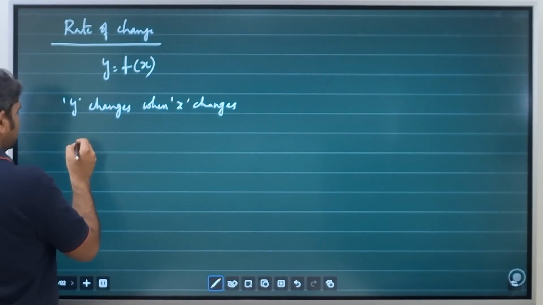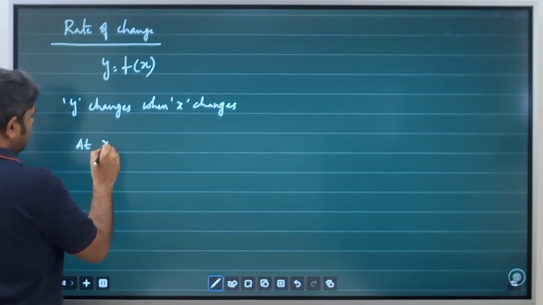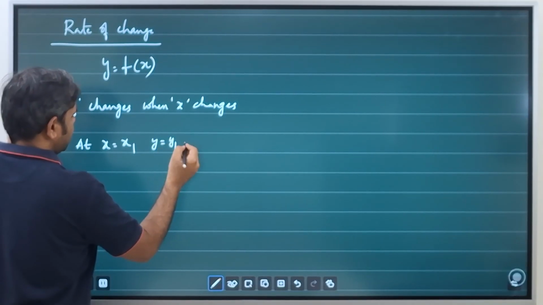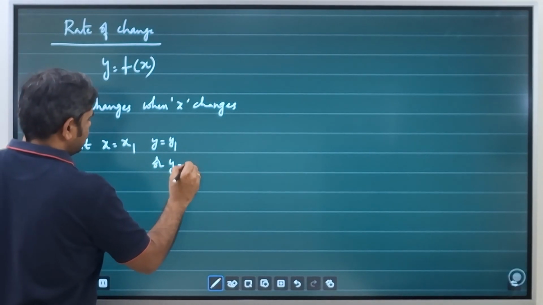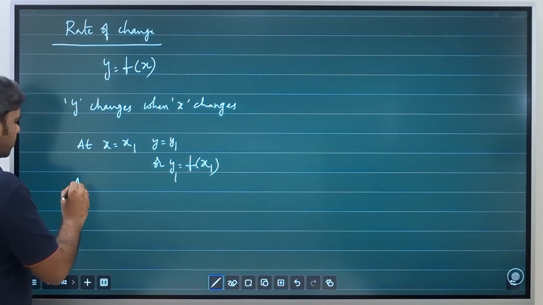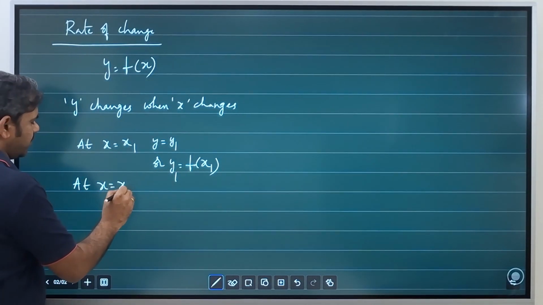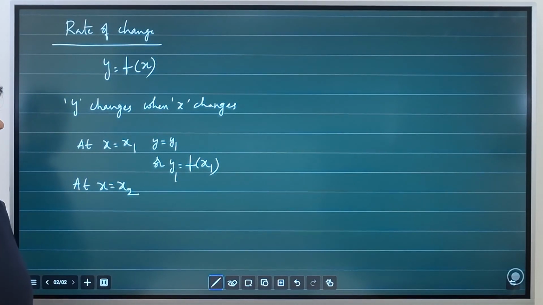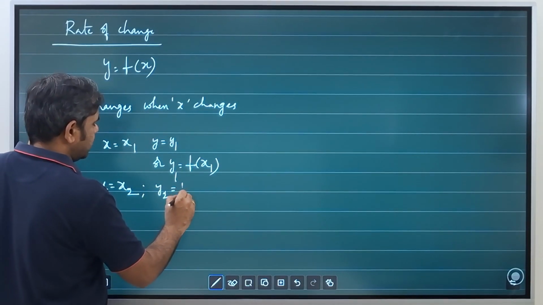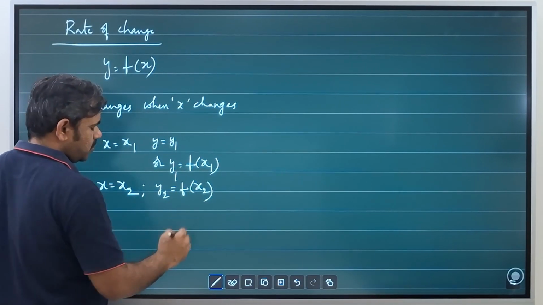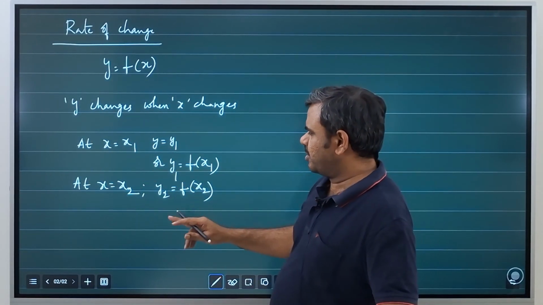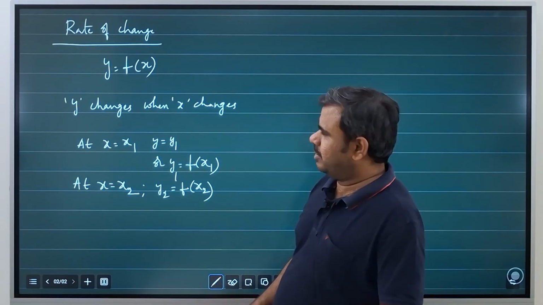At x is equal to x1, let us say y is equal to y1, or you can write y1 is equal to f of x1. At x is equal to x2, when the value of x changes, x1 and x2 are two different values, now y2 is equal to f of x2. So when x changes to a different value, y also changes to a different value.